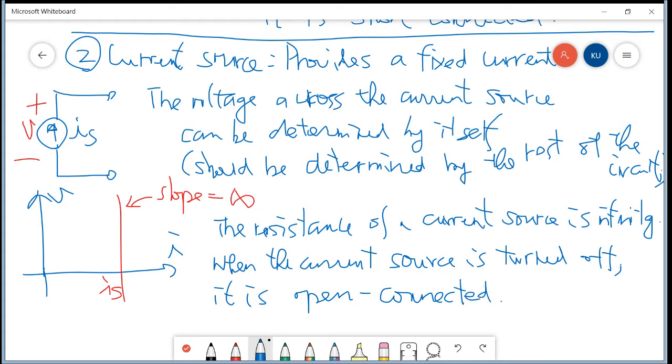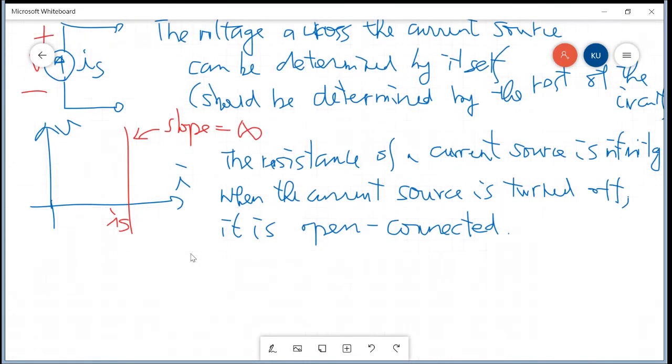It's just like you connect an infinite resistance across it, which means that there is no current going through that. Otherwise, the voltage is also infinite, which doesn't really make sense.